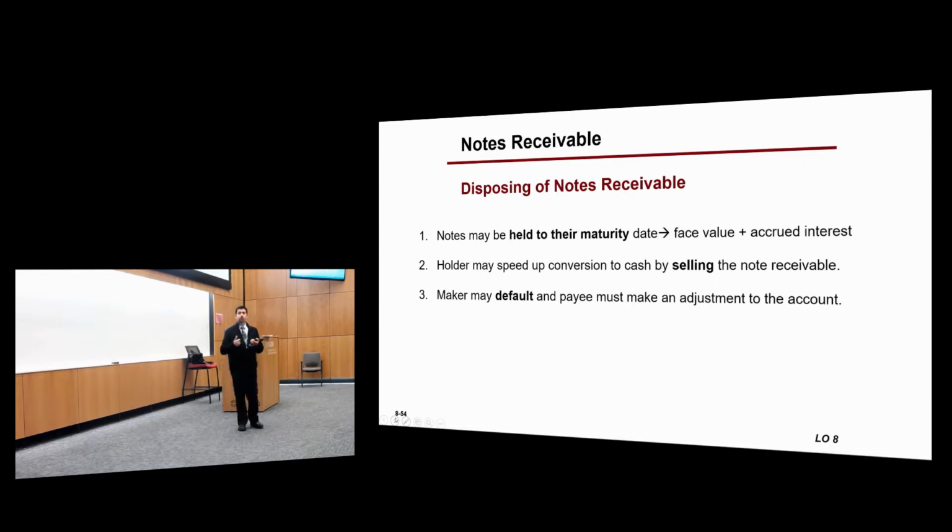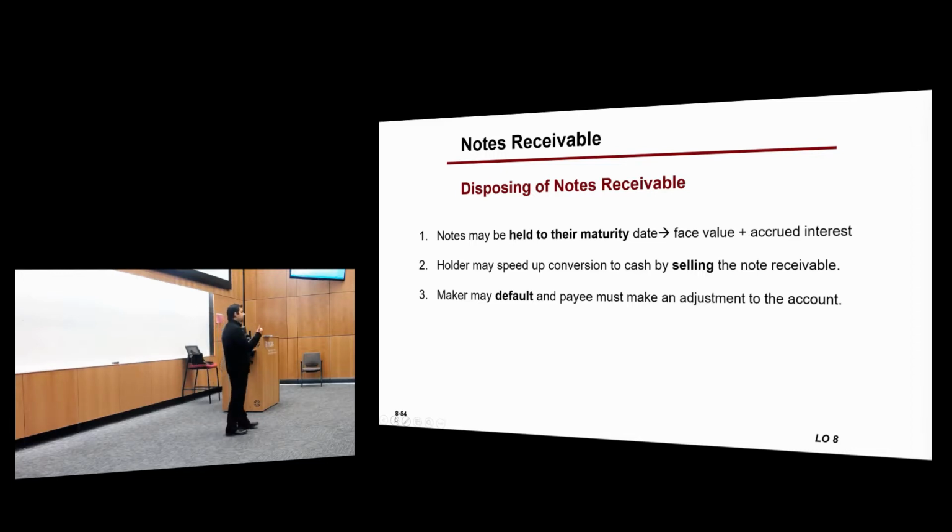Notes receivable can be held to maturity. By that, you mean that the company might keep the note receivable until the day it matures. On that day, the company will receive the principal plus all the interest.